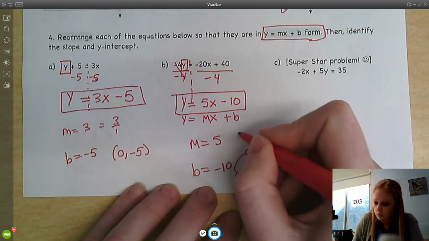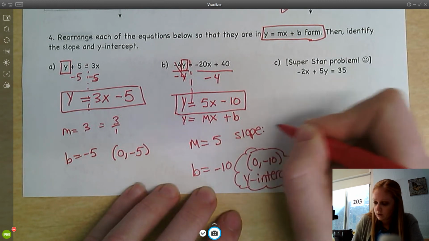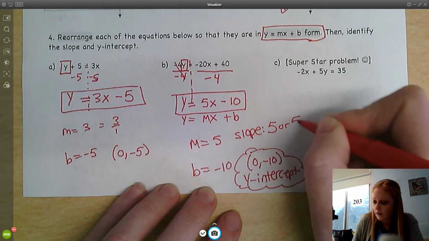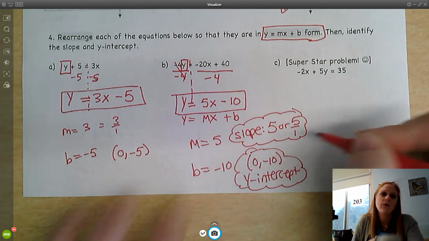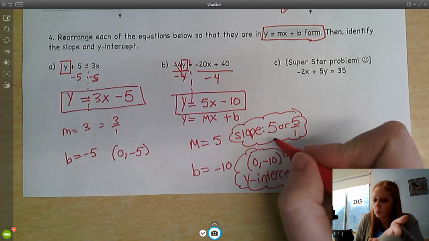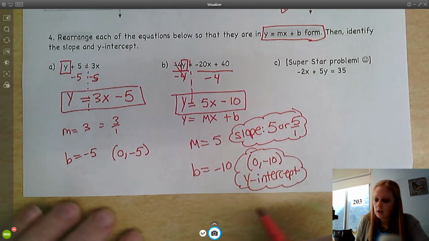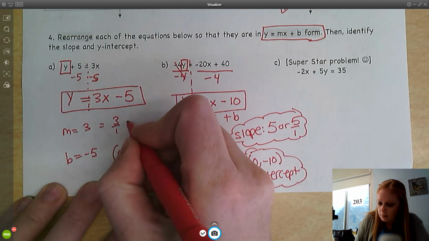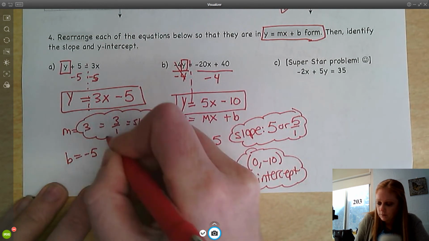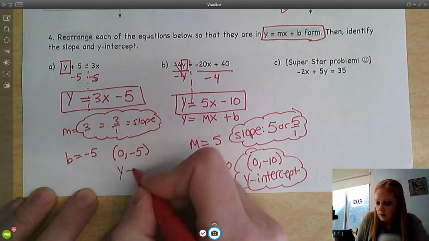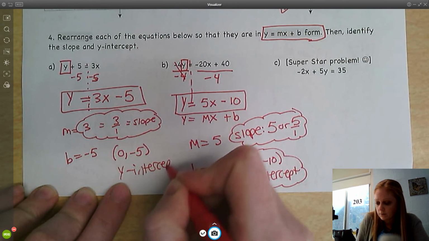And our slope is 5 or 5 over 1. Same thing. We like to put 5 over 1 when we're graphing, but since we're not graphing right now, we can just say 5. Okay, I'm just going to go back and label these a little bit better. So this is our slope. And this was our y-intercept.